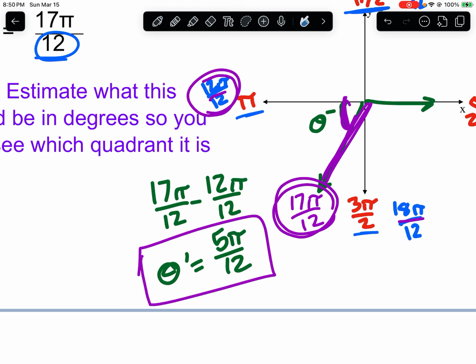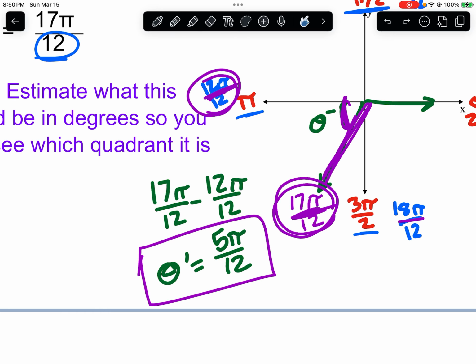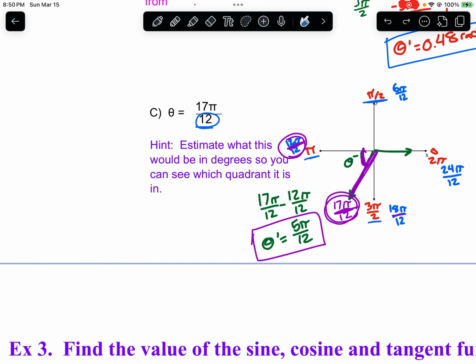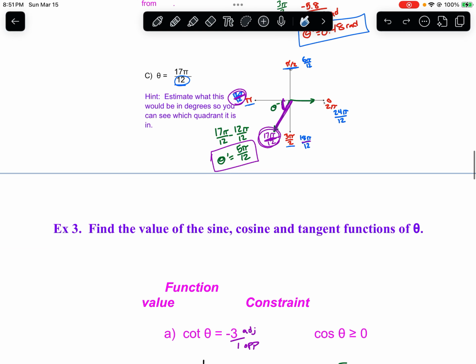And some of you might be able to just see, if you can get the adjusted labels on the coordinate plane, that the difference between 12 and 17 is 5 pi, or 5 in that case. So if you don't want to set up this whole subtraction thing, you don't have to. I just wanted to show you mathematically what is technically happening there.